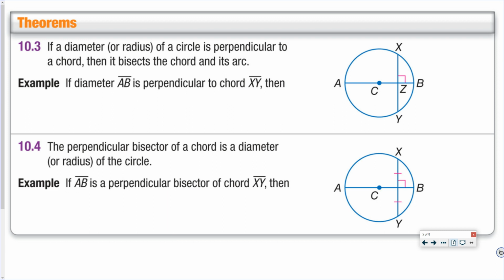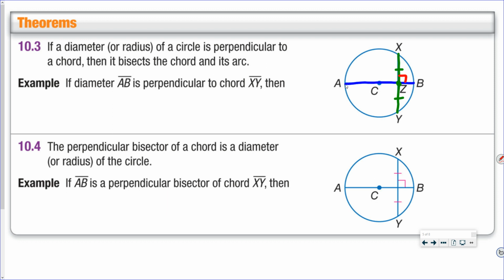Bisects means split in half, right? So we can see in this picture, AB is a diameter and XY is a chord. What this theorem is saying is if these are perpendicular, it's going to bisect that chord and split it into two congruent pieces.